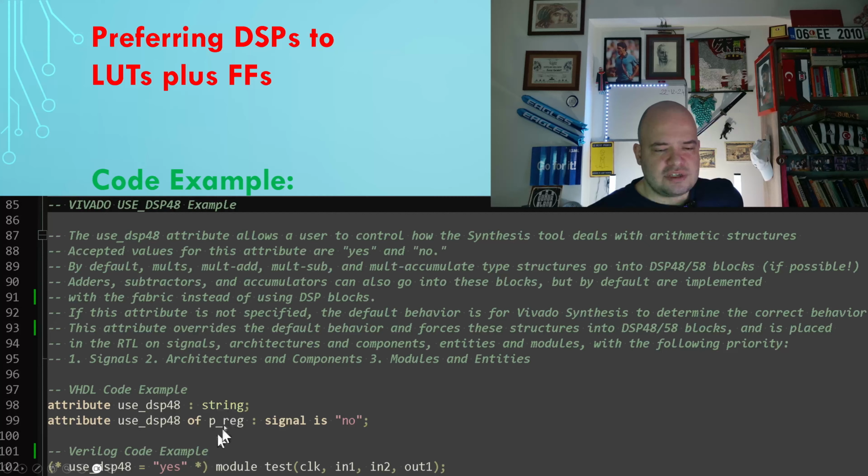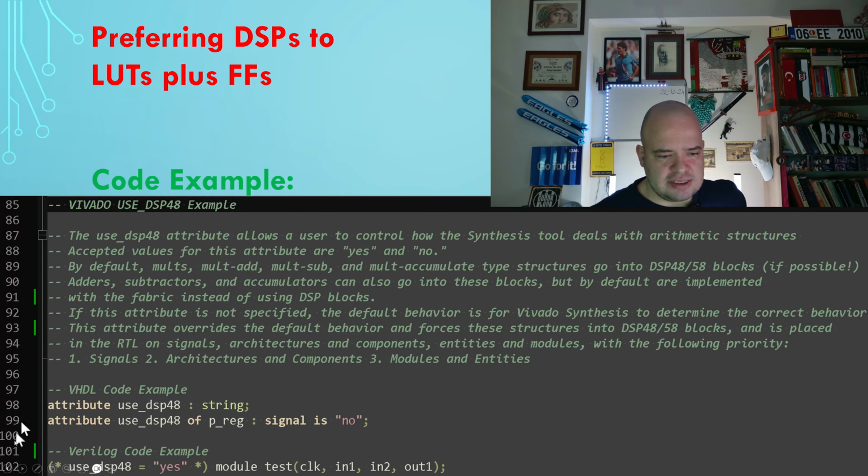Then for this P_rec signal, this is the output register of that DSP code implementation, and you provide attribute use_dsp of P_rec, P_rec signal is no. For instance, in this example, DSP usage is not preferred, but as you also see at the top, yes is also accepted for this attribute.